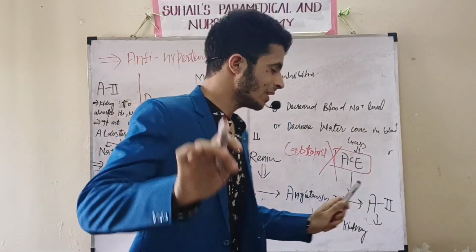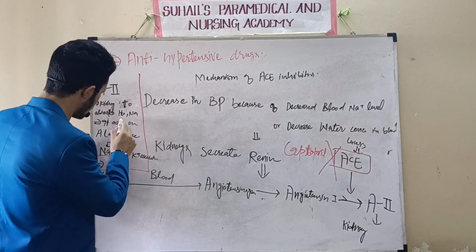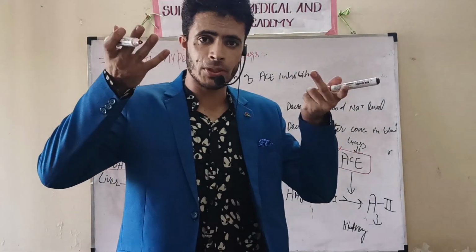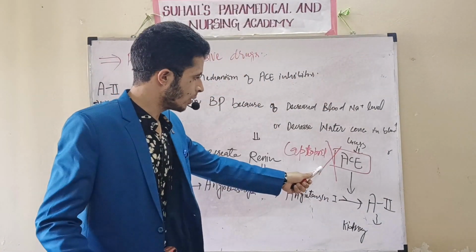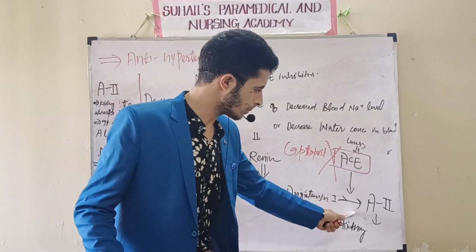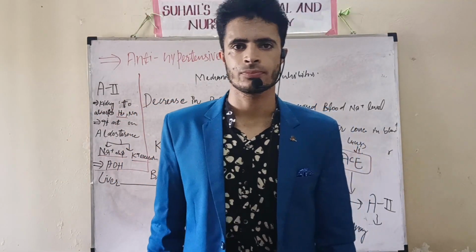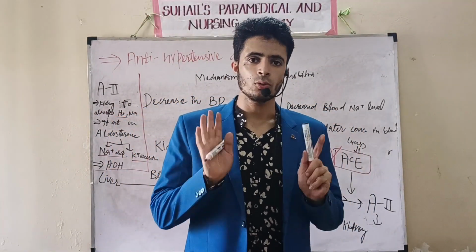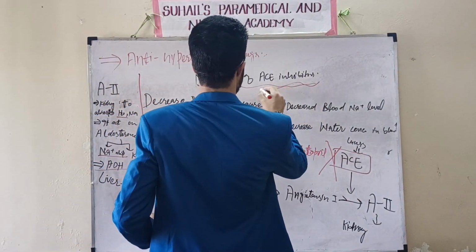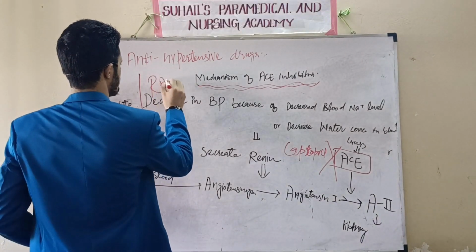So that means there was absorption of sodium, absorption of water, excretion of potassium, due to which there was increased blood pressure. But now when we have inhibited ACE, this process will not occur. What will happen? There will be decreased blood pressure.